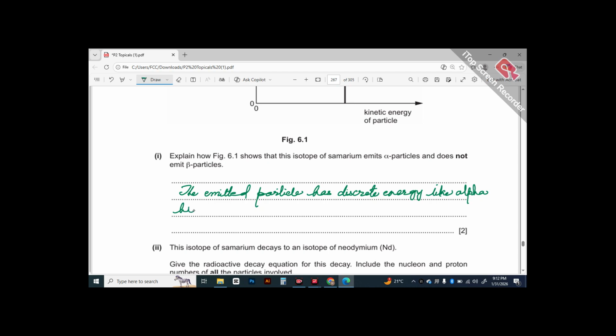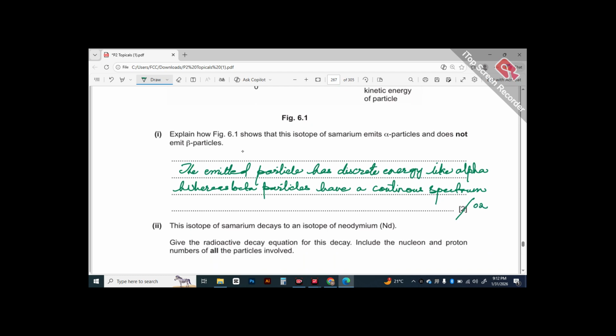However, or whereas, beta particles have a continuous spectrum. This should do for 2 marks.